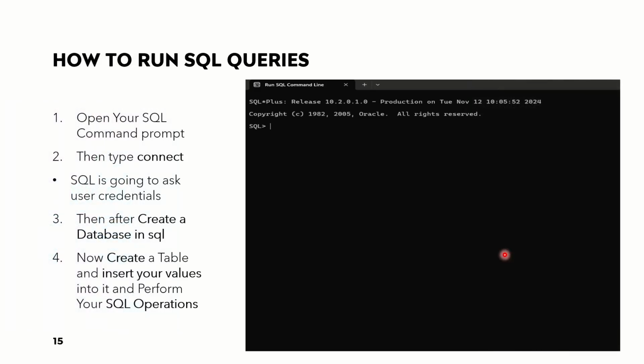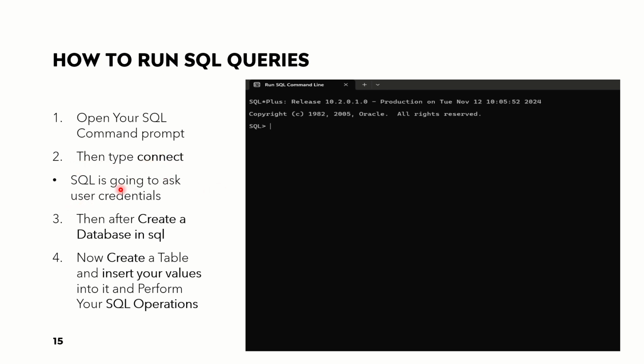So here, how to run a SQL query. We are going to open the SQL command prompt in our system. Search for the SQL command prompt and open it. You are going to see this type of screen. In this screen, you need to type connect.